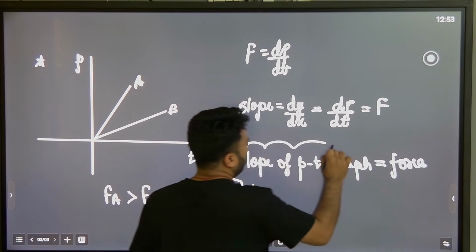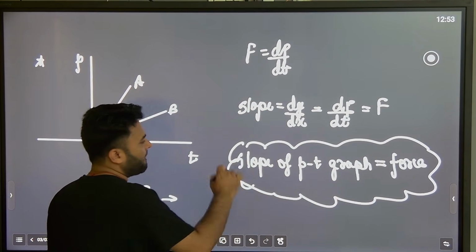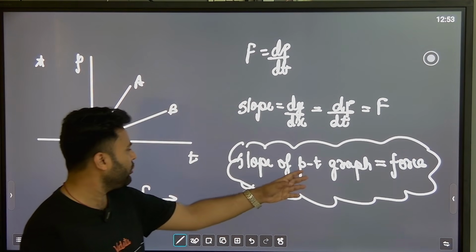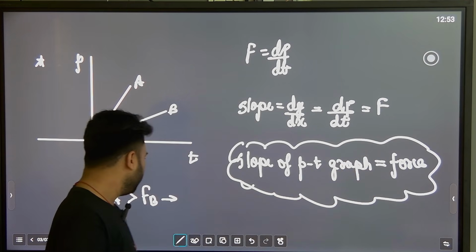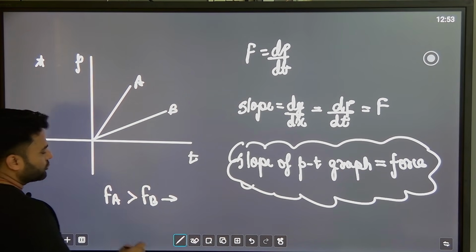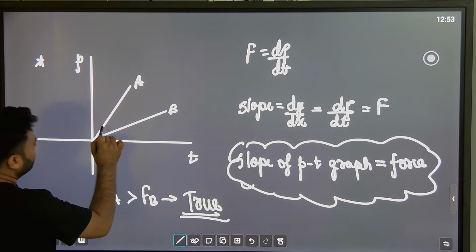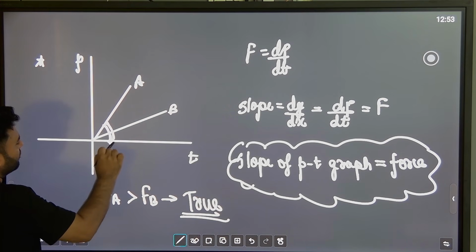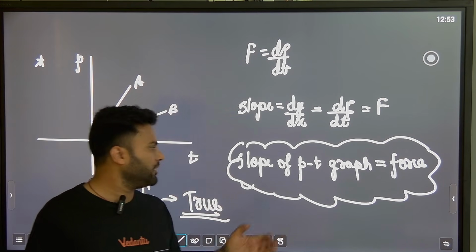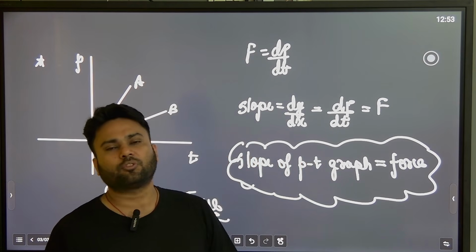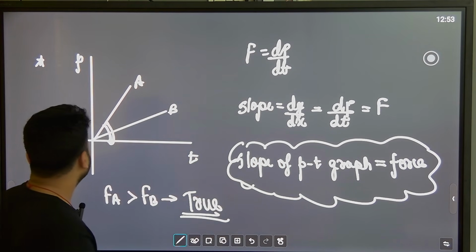You can see the slope of A is more, and slope is force, meaning force on A is more than force on B. So this statement is true. This is one kind of question they can make.